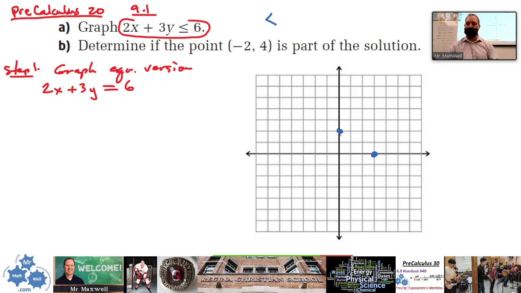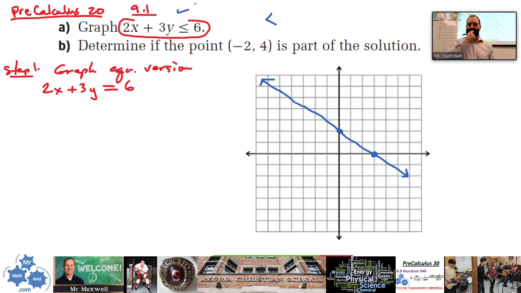So I'm going to try and do this freehand here, so forgive me if it's not very good. A solid line because it's or equal to, and you're going to use a ruler or a straight edge if you can, please, so you're not shaky and messy like me. But so you draw a line like this.